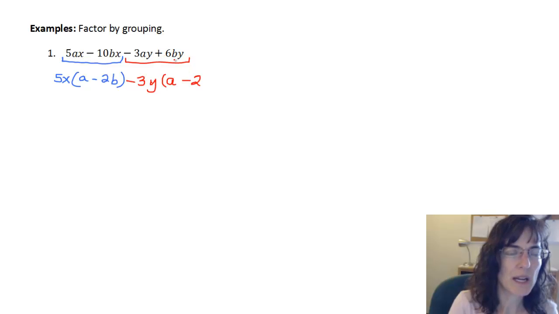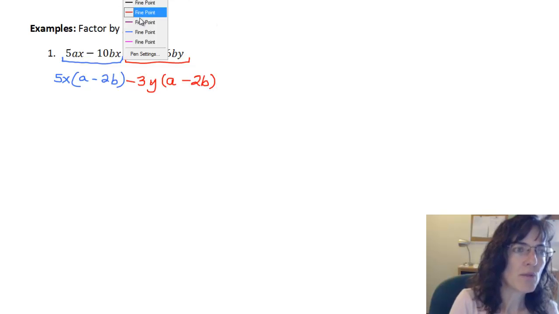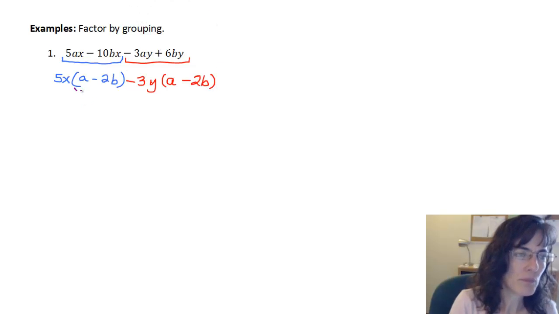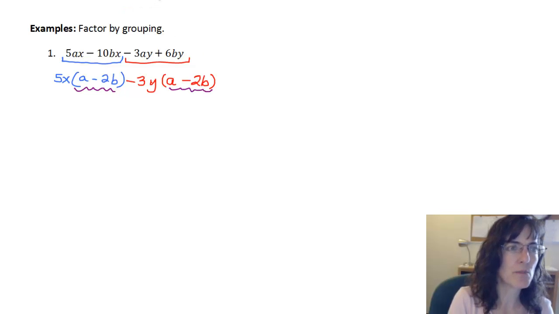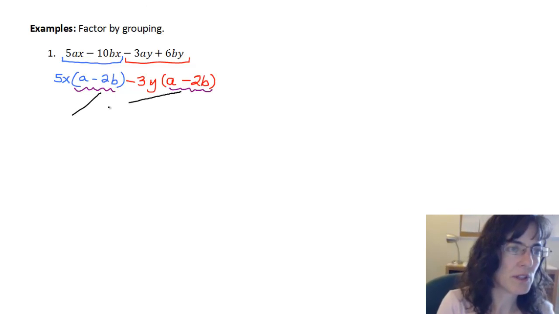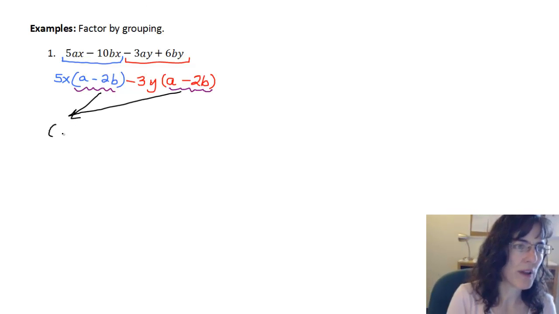And then y times what? Well, I need another b on there. And then I'm looking for something in common in my parentheses. Hopefully my binomial matches, and it looks like mine does. And so I'm going to pull that out to the front as my greatest common factor, so a minus 2b.